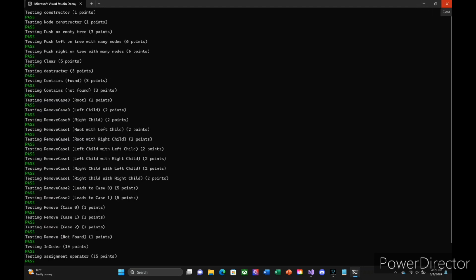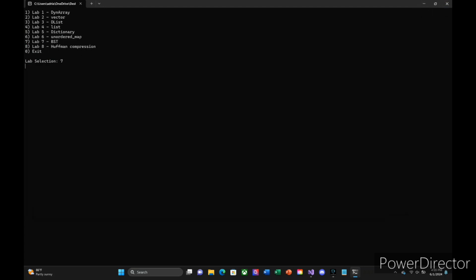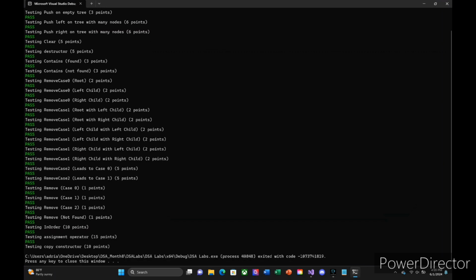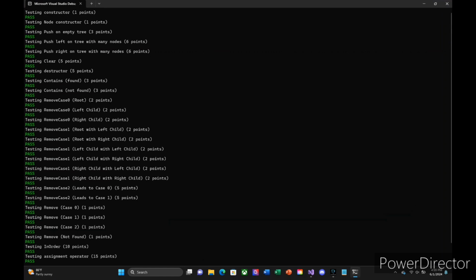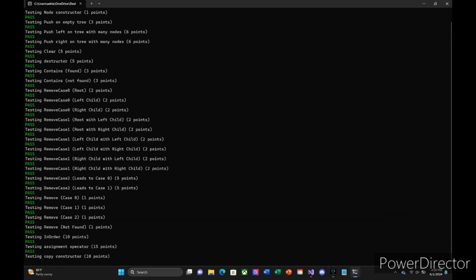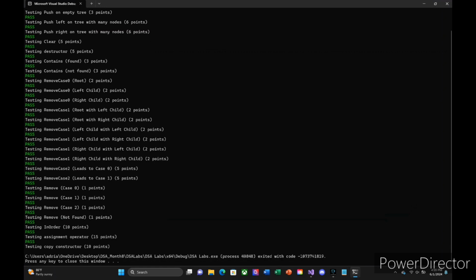And then there were several remove methods: remove case 0, remove case 1, and remove case 2. All 3 of those remove case methods would be combined into the one remove method. And then the in order method, and then of course the assignment operator and the copy constructor.